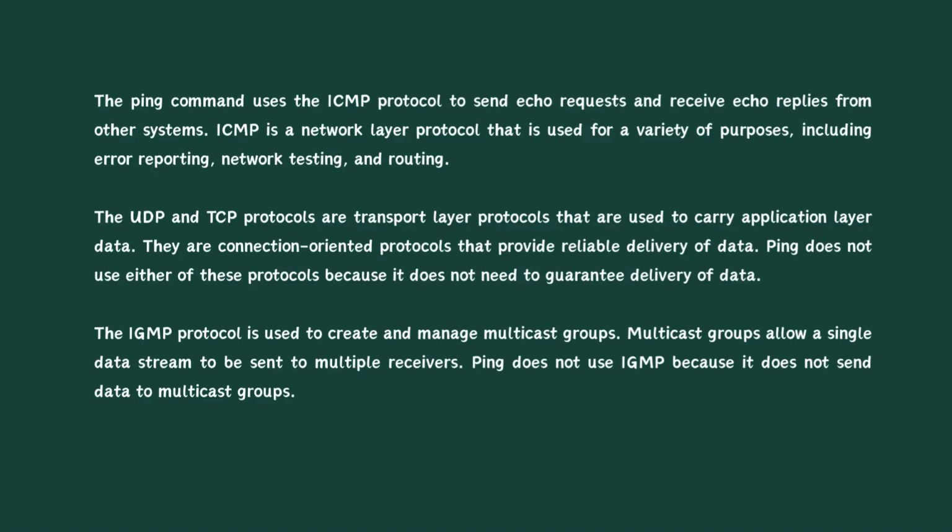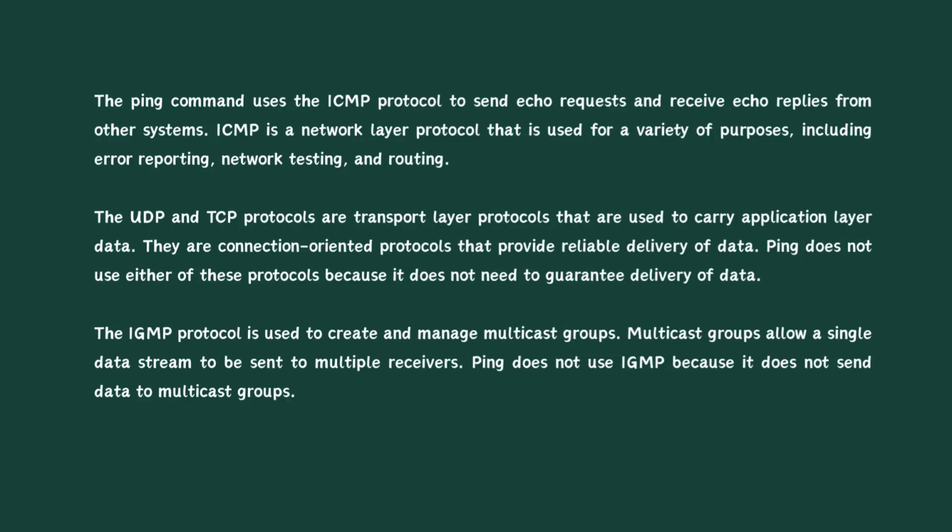ICMP is a network layer protocol that is used for a variety of purposes, including error reporting, network testing, and routing. The UDP and TCP protocols are transport layer protocols that are used to carry application layer data. They are connection-oriented protocols that provide reliable delivery of data. Ping does not use either of these protocols because it does not need to guarantee delivery of data.